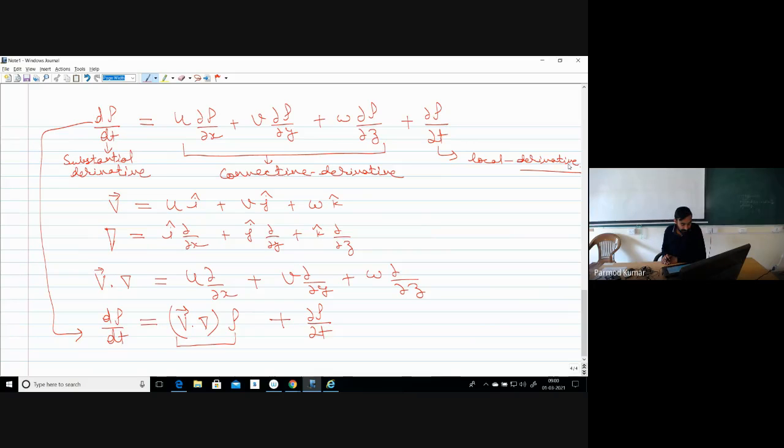The convective derivative represents the variation of the field variable with space, because here the x, y, z space coordinates are involved. And del rho by del t represents how our field variable is changing with time at a given location, at point number 1. That we call our local derivative.